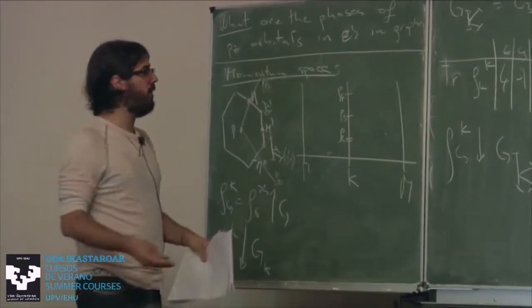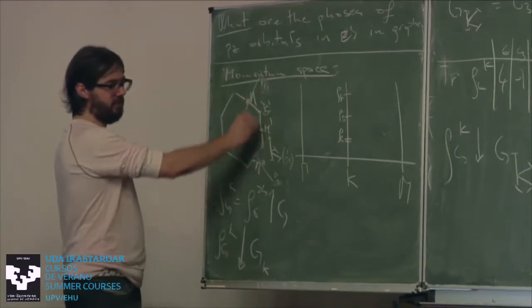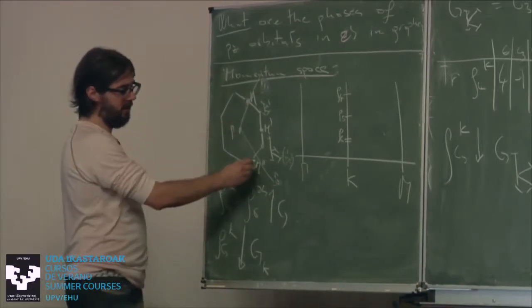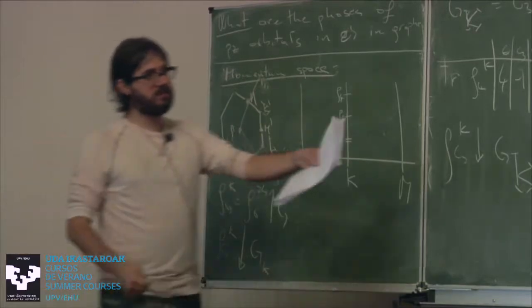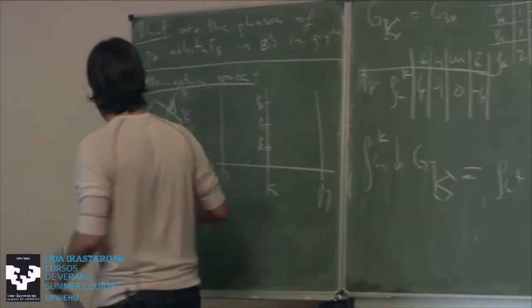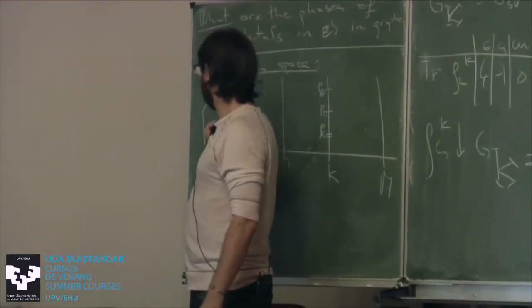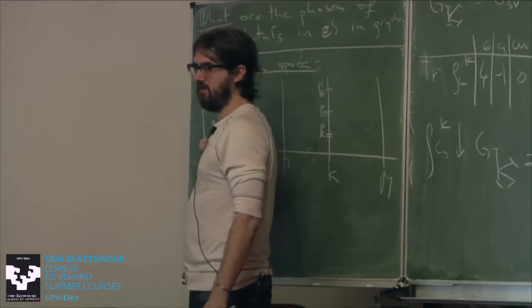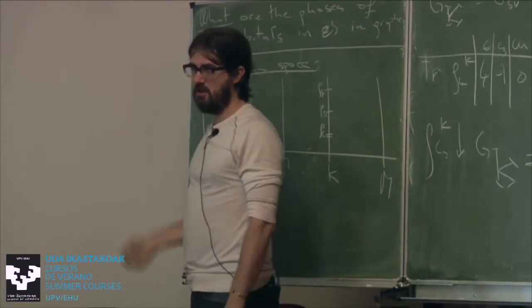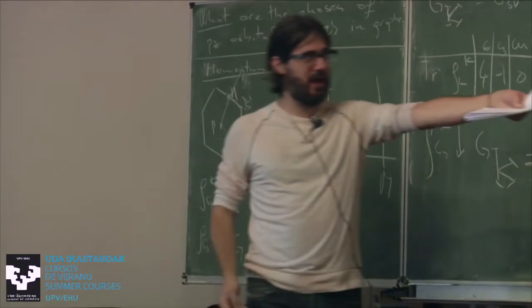I can go now to all the other points in the Brillouin zone, gamma and M, and decompose this band representation into representations of these points. So gamma has symmetry group what? C6. And all I will need to do is decompose this band representation.